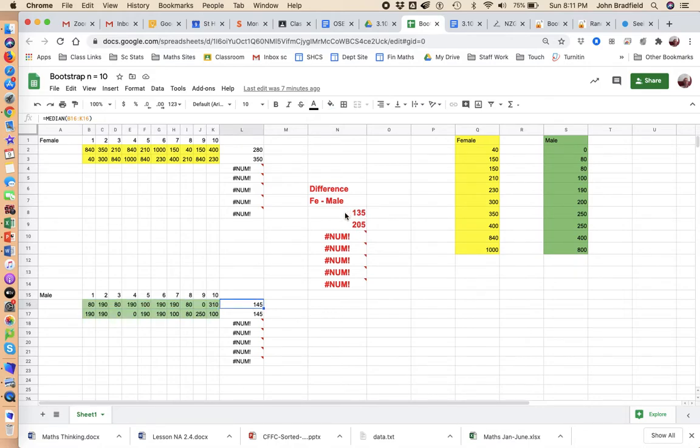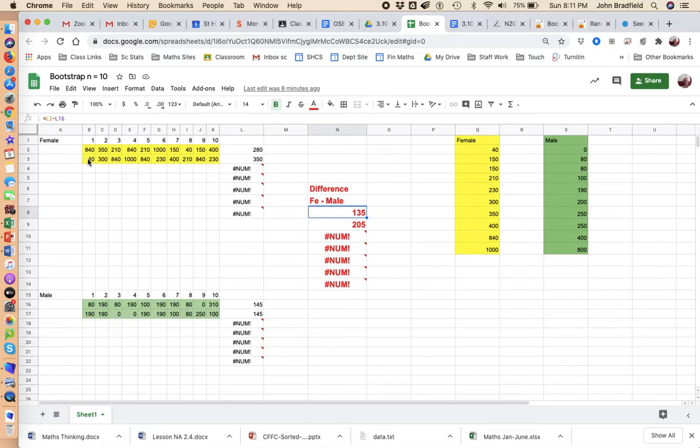What this cell here does is it takes the female median, because the original females had a higher median spending, and subtracts the male median. So this 135 is not a curious number, it's a logical number. 280, the median for the females based on the resample, minus 145, the median for the males based on the resample. The difference is that.